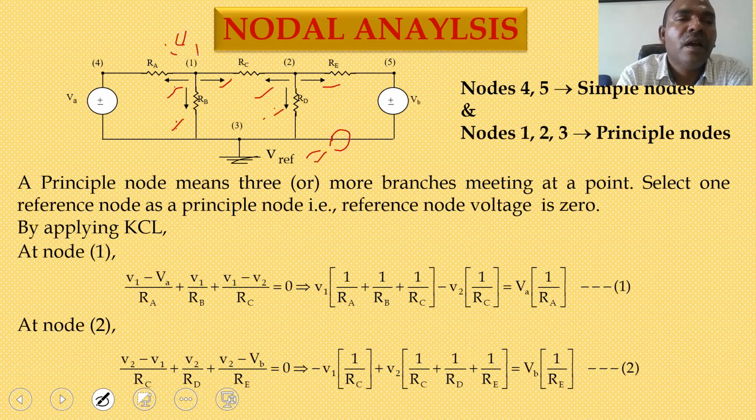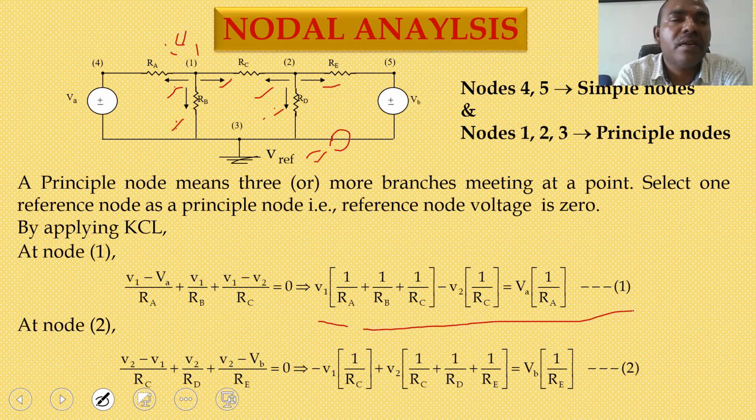Third current, V1 minus V2 by RC is equal to 0. If you put it in matrix form, you can get V1 into 1 by RA plus 1 by RB plus 1 by RC, minus V2 into 1 by RC, is equal to VA by RA. So this is your first equilibrium equation.